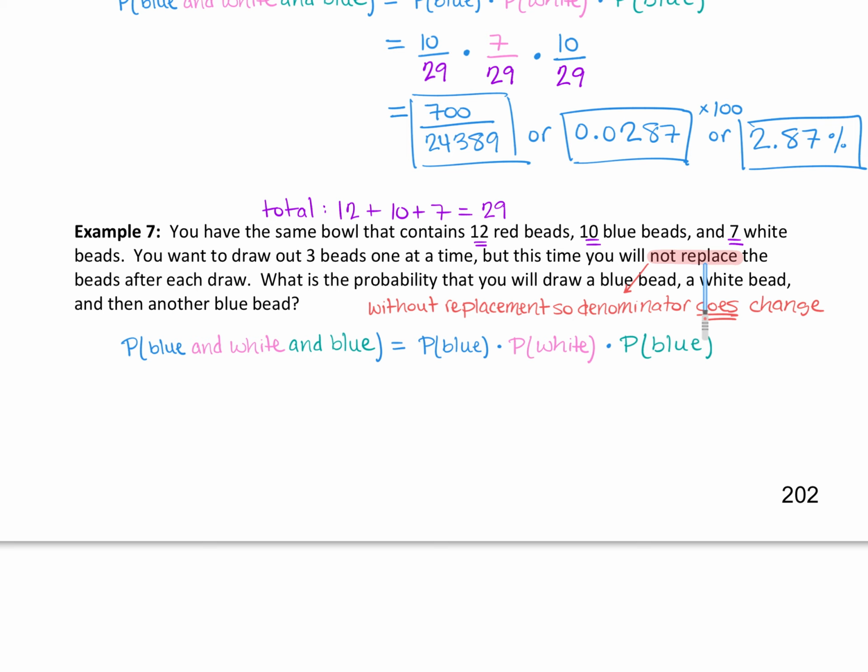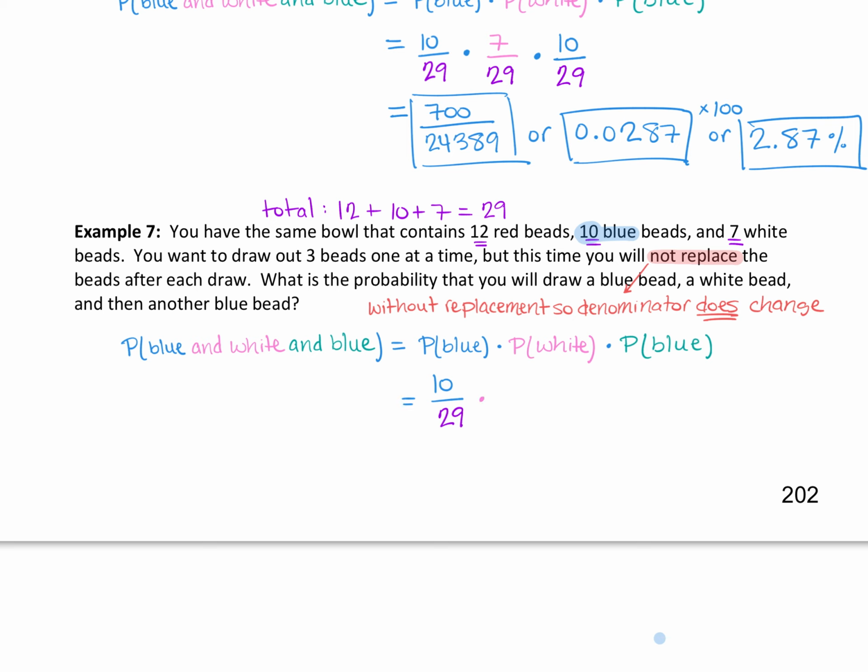We're going to keep the bead out of the bowl. So that's called without replacement. We're not replacing the bead, so the denominator will change. The probability of blue is 10 out of the 29 total beads that are in the bowl.